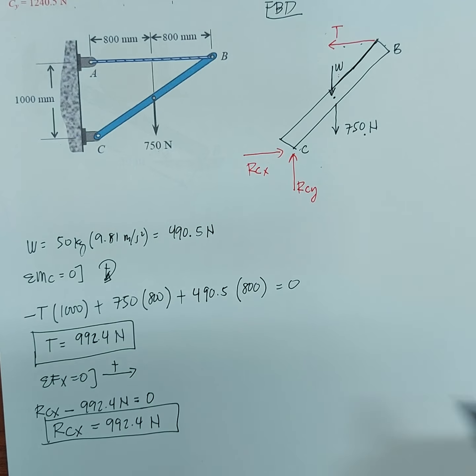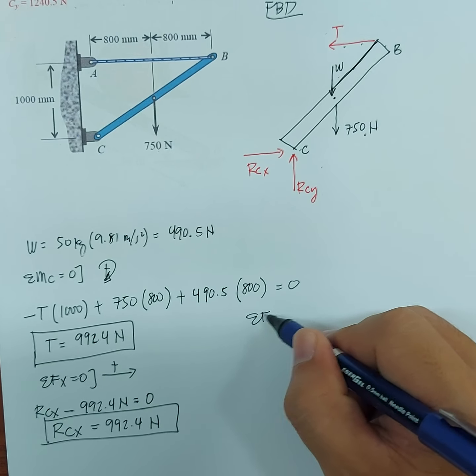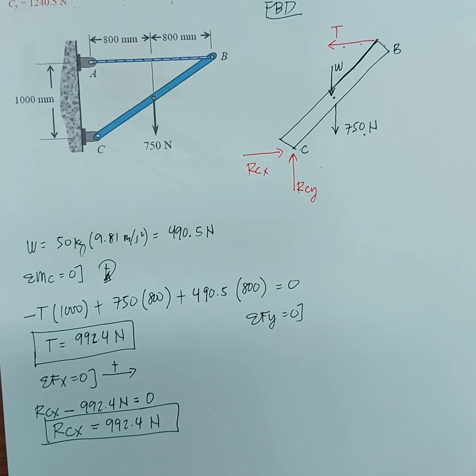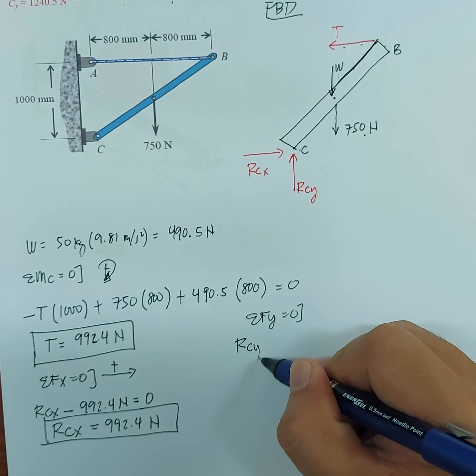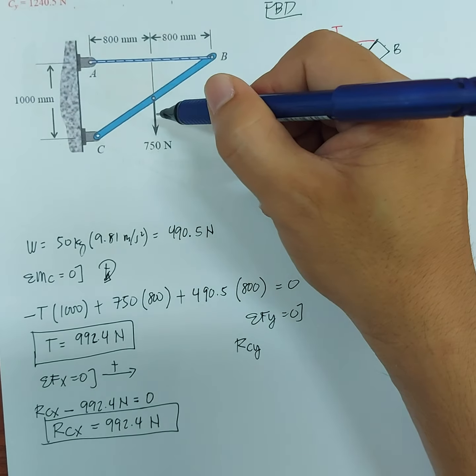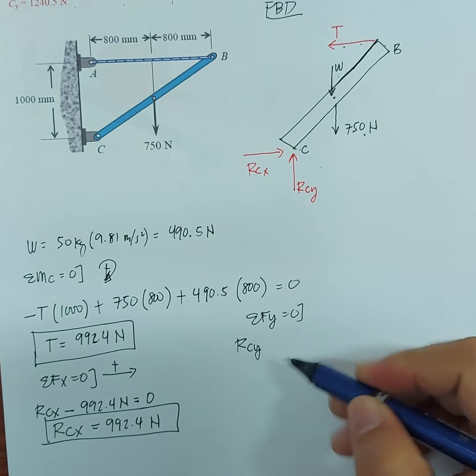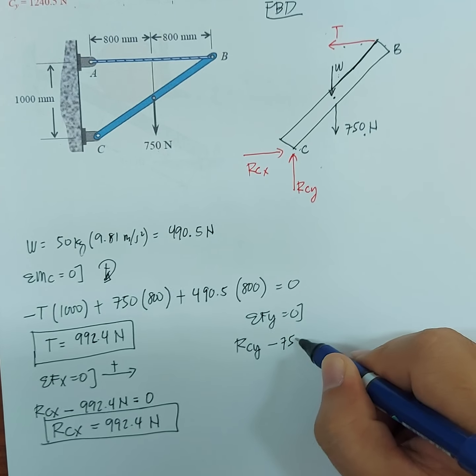Okay. And then lastly, summation of forces along Y is equal to 0. So lahat ng vertical forces. Ano yung mga vertical forces? RCY assumed to be upwards. So positive. And we have yung 750 Newton force downwards, so minus 750.